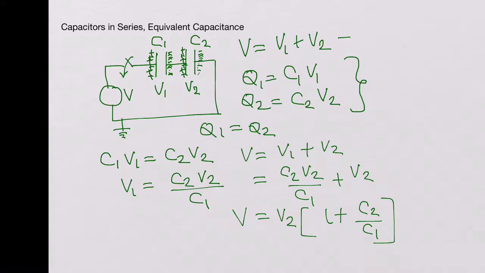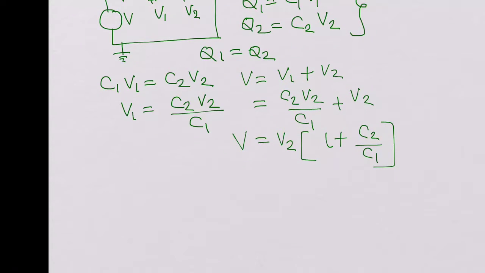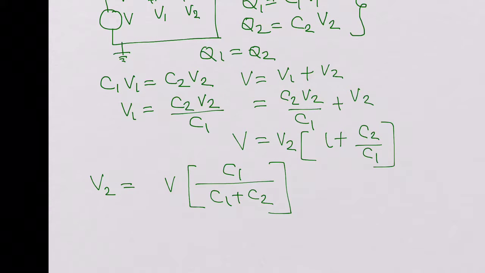So the total voltage is that, and then we can write V2 as V times C1 over C1 plus C2. Similarly, we get V1, the voltage across the capacitor C1, would be total voltage multiplied by C2 over C1 plus C2.